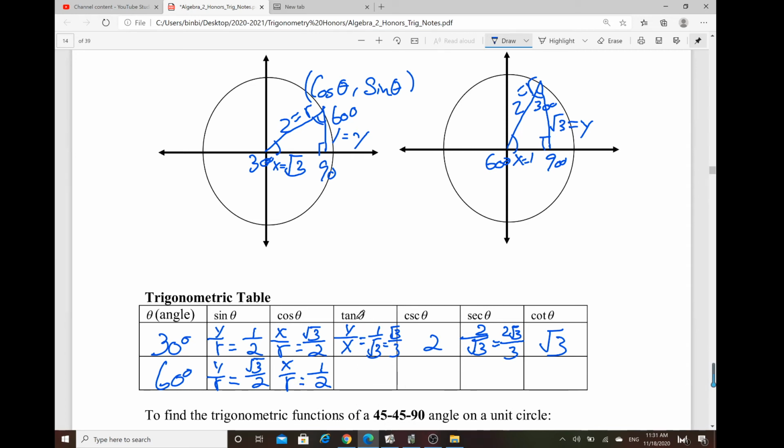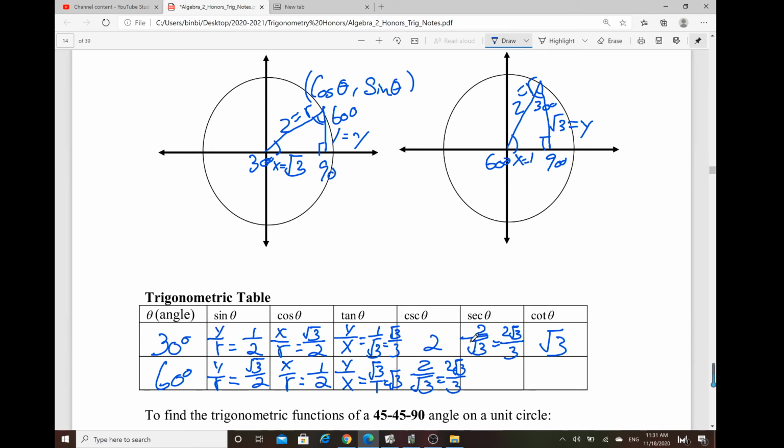And then tangent, which is y over x, so root 3 over 1, which is root 3. And then cosecant, the reciprocal of sine. Sine of that angle is root 3 over 2, so the reciprocal is 2 over root 3, which is 2 root 3 over 3.